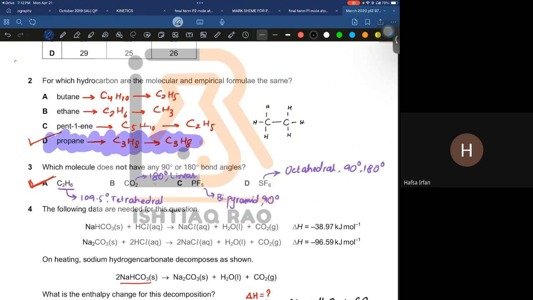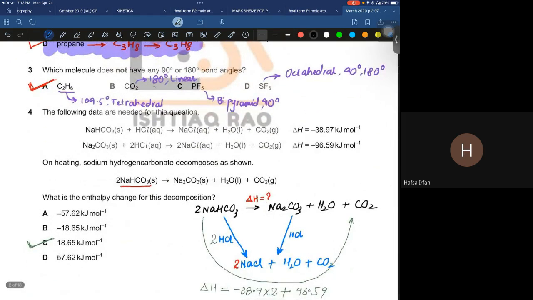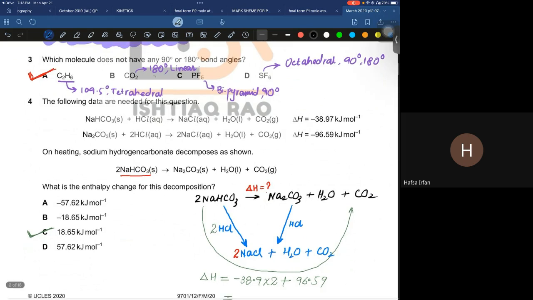Okay. The following data are needed for this reaction. On heating, sodium hydrogen carbonate decomposes as shown. What is the enthalpy change for this decomposition?